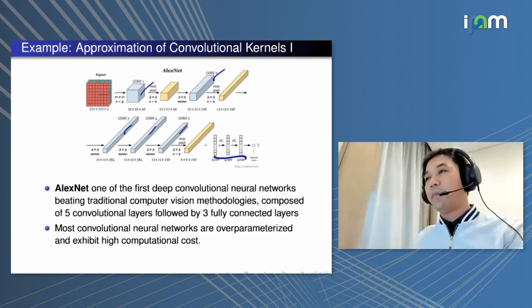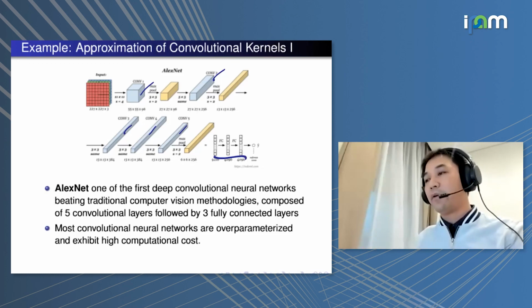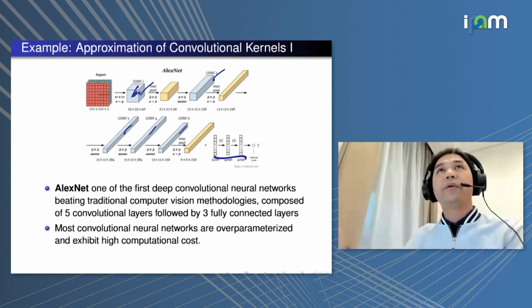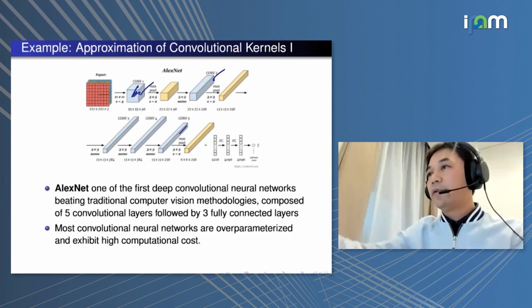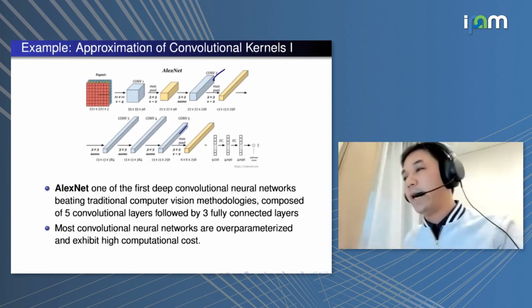The main problem in many convolutional neural networks is that they have a very high number of parameters. And in this case, if we want to reduce the complexity of this convolutional neural network, if we can reduce the size of the core tensor here, we can reduce the complexity, we can reduce the inference time. And how do we do this? This is not something we propose, it was already done 8 years ago.